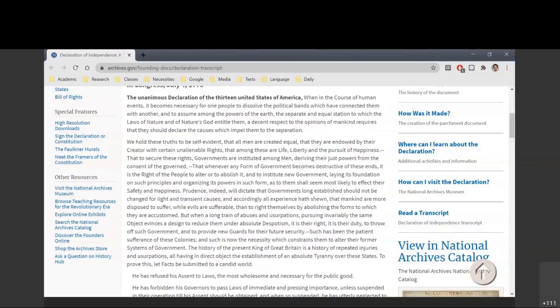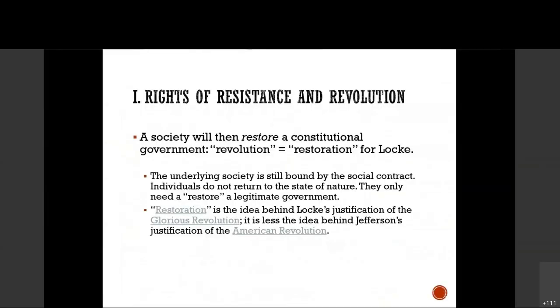So according to Jefferson, if the government becomes tyrannical or despotic, the people can abolish it and institute a new government. And that is quite different than what Locke was talking about. So instead of revolution being a kind of restoration, revolution now becomes a creation of a whole new civil society with a whole new government.